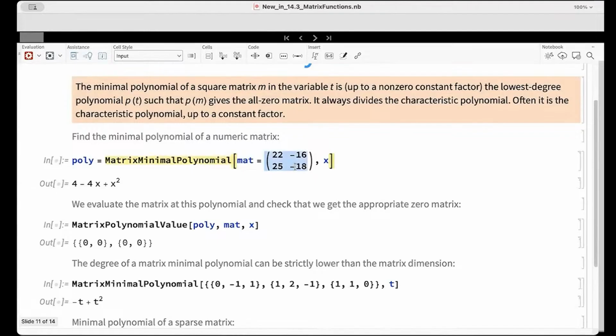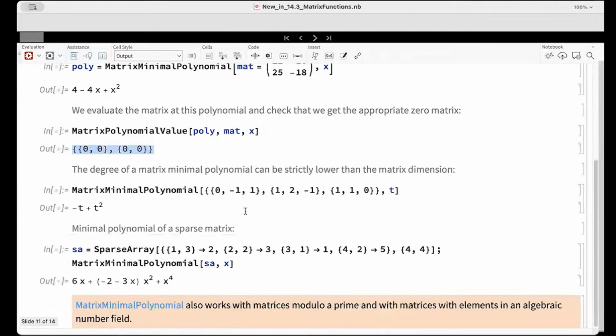So here's a 2 by 2, and if you remember your linear algebra, the characteristic polynomial has to have degree 2. As it turns out, so does the minimal polynomial, so they agree, again, up to a constant factor. And just to show, when we evaluate using this new matrix polynomial value function, we do get the zero matrix. And here's a case where we have a 3 by 3, and yet the minimal polynomial is of degree 2.